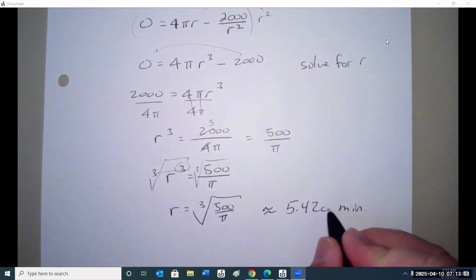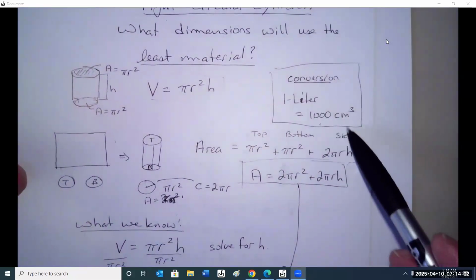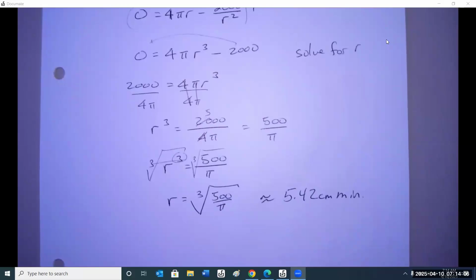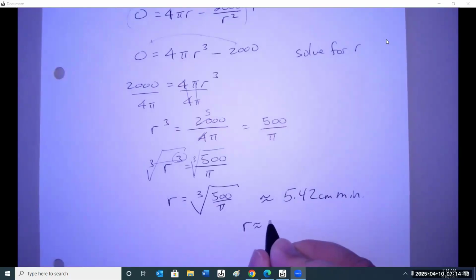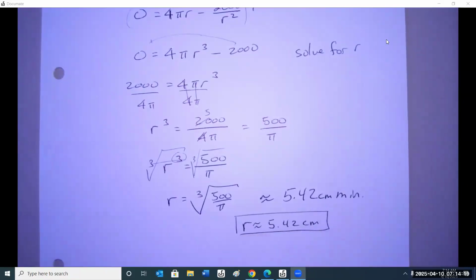That's our radius, so centimeters. Why is it centimeters? Because of our conversion. We changed to centimeters, so all our units are in centimeters. Okay, so that's our radius. But now let's figure out the height, because we had that one h value in there.